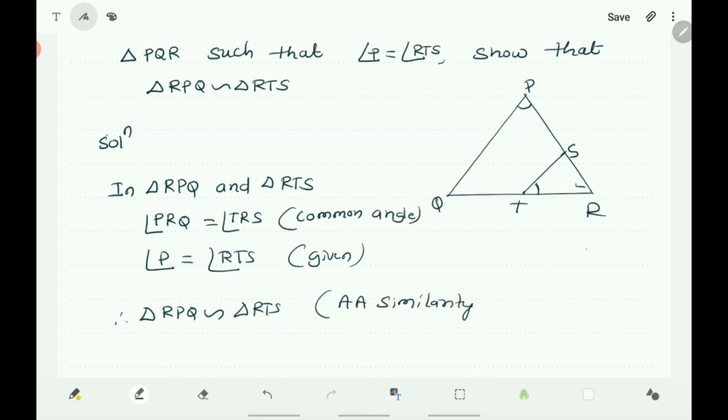Because you know that AAA can be written as AA also, because in two triangles, if two pairs of corresponding angles are equal, the third pair becomes automatically equal. Therefore, you can write it as AA similarity criterion. So you got the result that triangle RPQ is similar to triangle RTS.